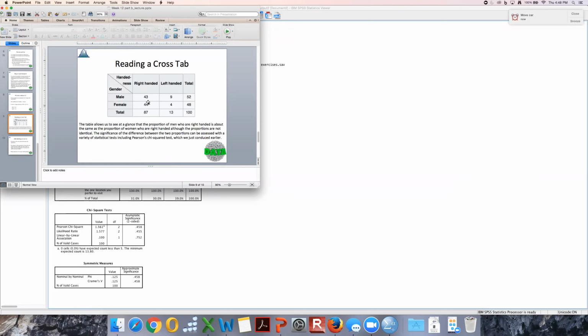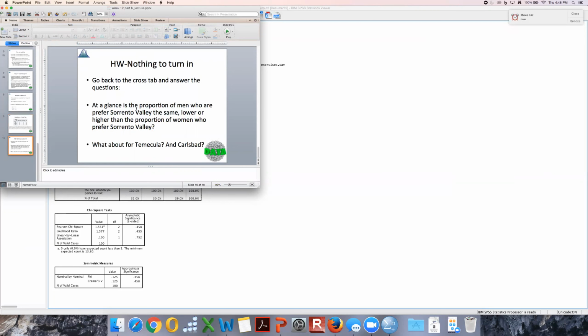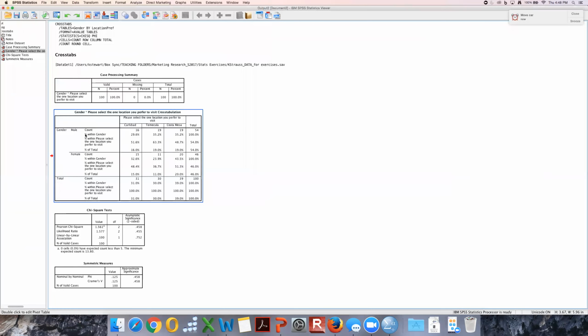Females right-handed, the number is 44. Okay, the difference isn't significant, or we can't tell if the difference is significant without doing the test we just did earlier. So your job is to go down here, and at a glance, when I look at males, is the number that prefer Costa Mesa different than females and the number that prefer Costa Mesa? One's 19 and one's 20. So you tell me.